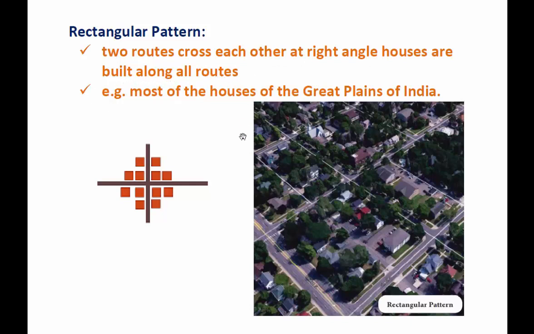Even from this picture or from this diagram, this type of settlement is a rectangular pattern of rural settlement. Most of the settlements in the Great Plains of India, in northern plains, are in rectangular pattern. Let's see the next one.